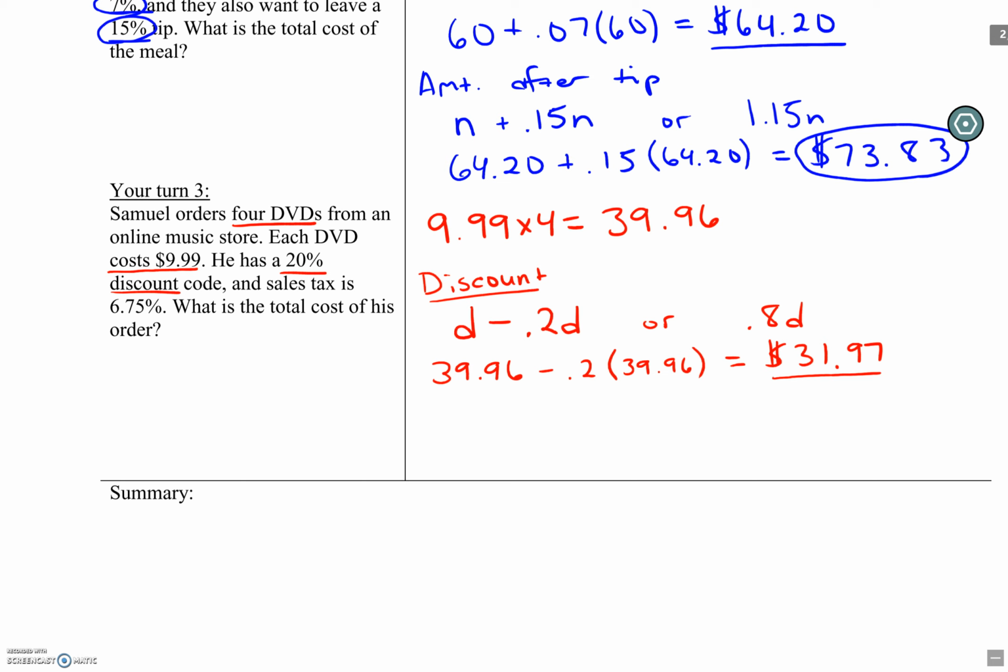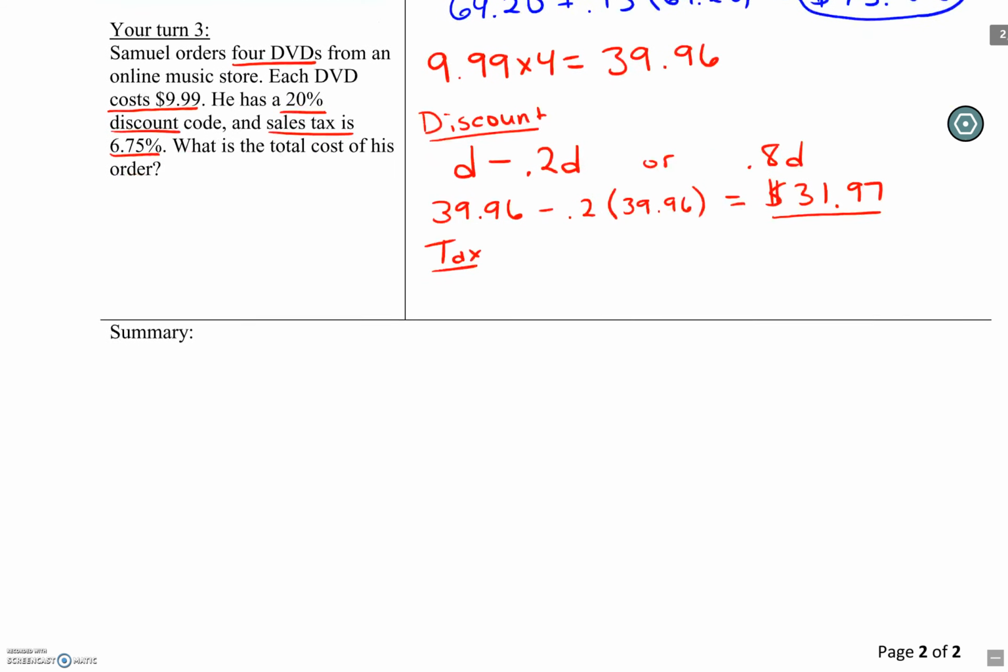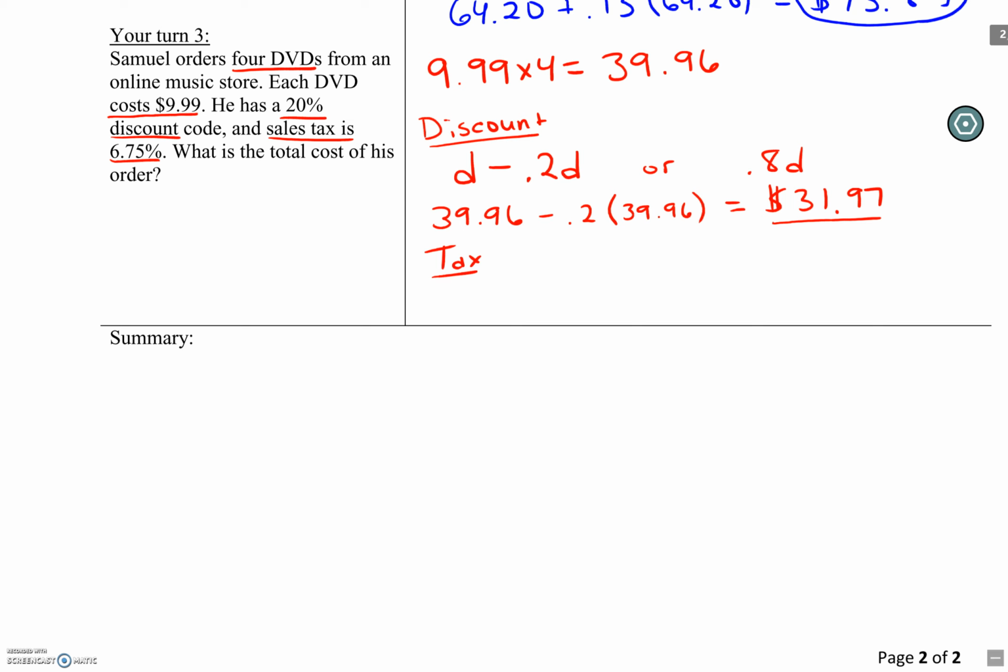Okay, now we want to deal with the sales tax. The sales tax is a markup. So we want to add the cost of the tax in. So we have the new price of the DVDs plus 0.0675, 6.75% of the new cost. Or we can look at this as 1.0675 of the new cost.